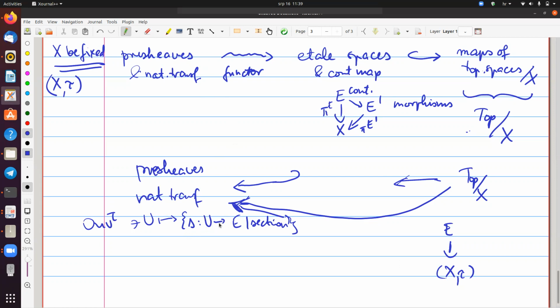And so we said above that this is a pre-sheaf, because we had these restrictions and so on. So U to V maps to the restriction R_UV.